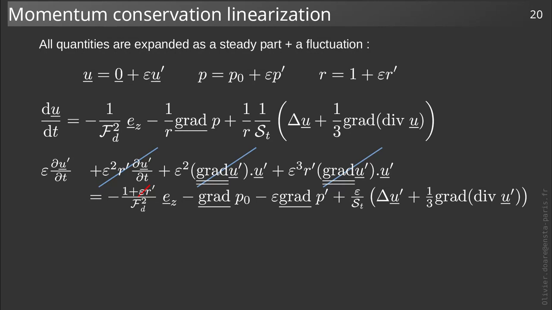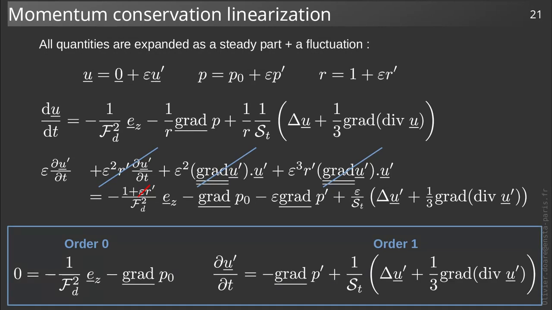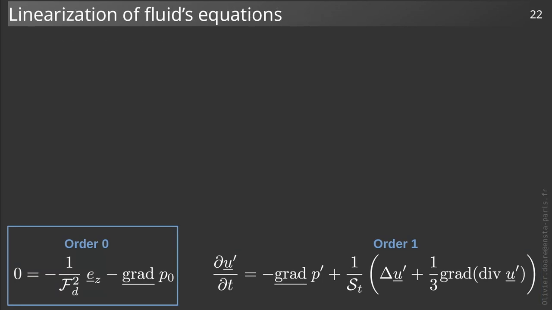We can now separate the terms of order 0 and order 1, which gives us two equations, one for the stationary reference state and the other for the fluctuations. The zero-order equation is the dimensionless form of a well-known equation. It is the equation that governs the hydrostatic pressure, which is minus z over Fd plus a constant.